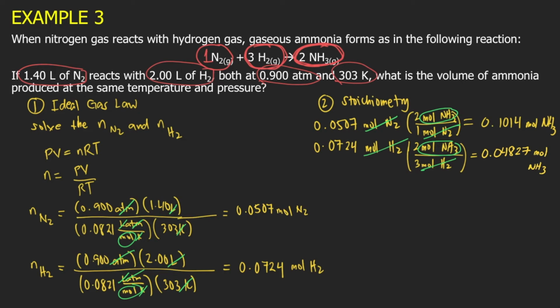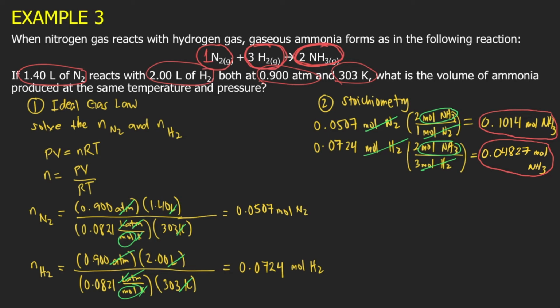Now that we have solved the moles of the products using the moles of the reactants, we will now decide which is the theoretical yield. So you will compare your two answers, 0.1014 moles and 0.04827 moles. Remember the definition of the theoretical yield? The theoretical yield is the smaller amount of product that can be produced by the given reactant.